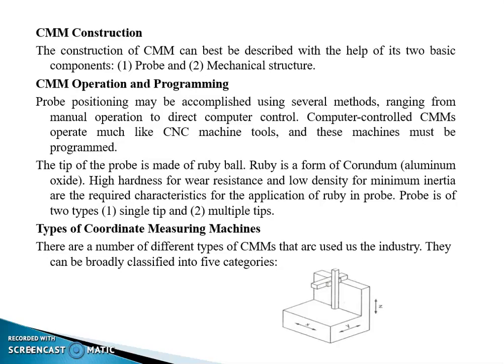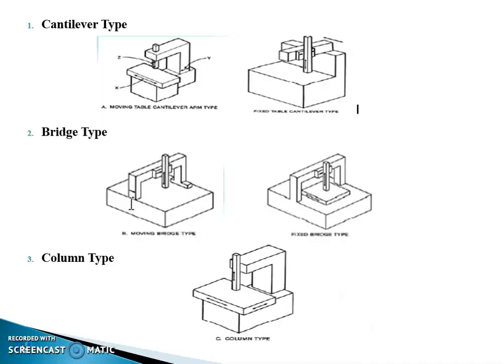There are different types of coordinate measuring machines. The coordinate measuring machines used in industries are broadly classified into 5 categories. First one is the cantilever type.